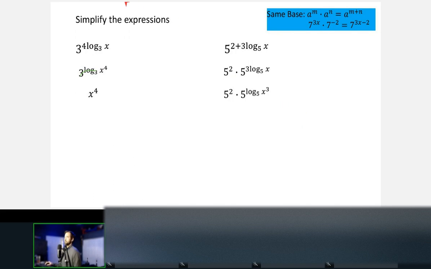Yep. So like you said, 5 squared becomes 25. And then the 5 raised to the log base 5 of x cubed becomes what? X to the third, yeah. And then we have our answer.